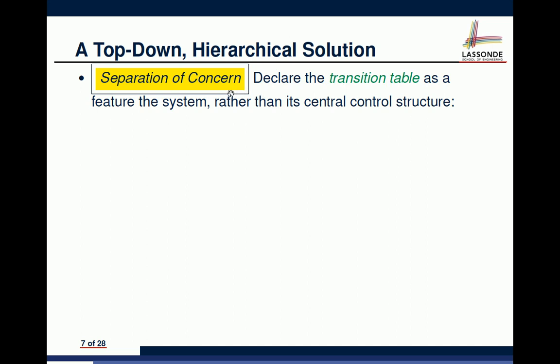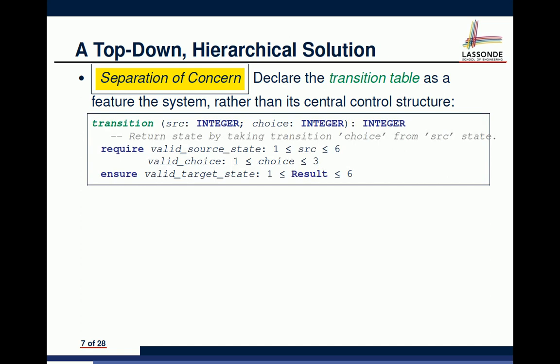Okay? So now, this is some feature we're going to introduce over here. It's just going to be called transition. To make an example for you, you can see the transition feature here. It takes two parameters, right? You take the source state and the choice, and then it's going to return the target state. And you can see there are some preconditions.